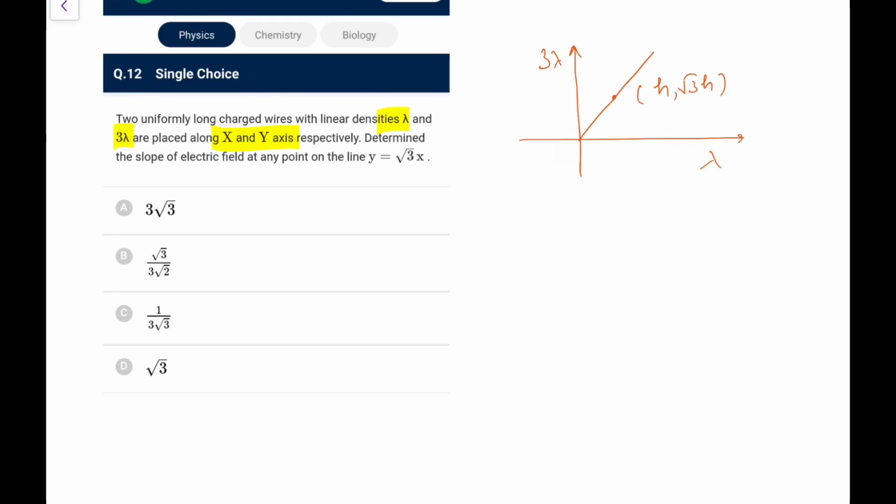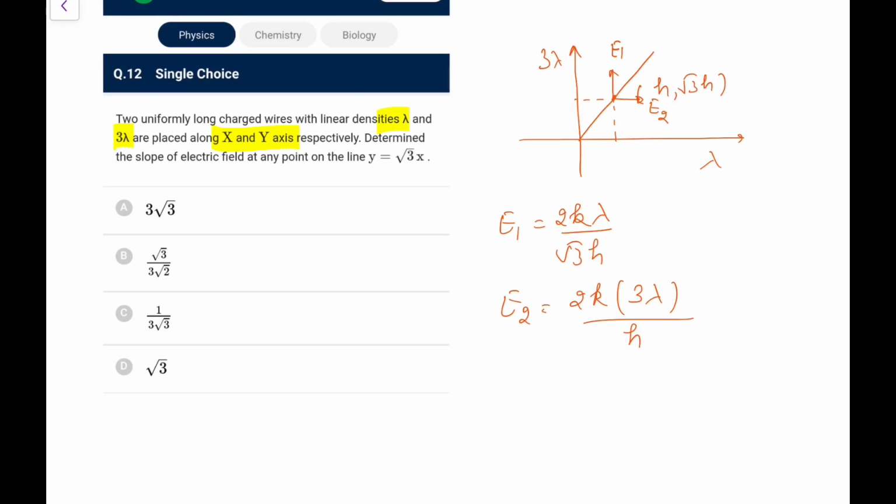Due to the x-axis wire, the field would be along the y-axis, let's call it E1. Due to the other it would be along the x-axis, let's call it E2. The value of E1 would be 2k lambda upon the distance, which is root 3h. E2 would be 2k into 3 lambda upon r, which is h.